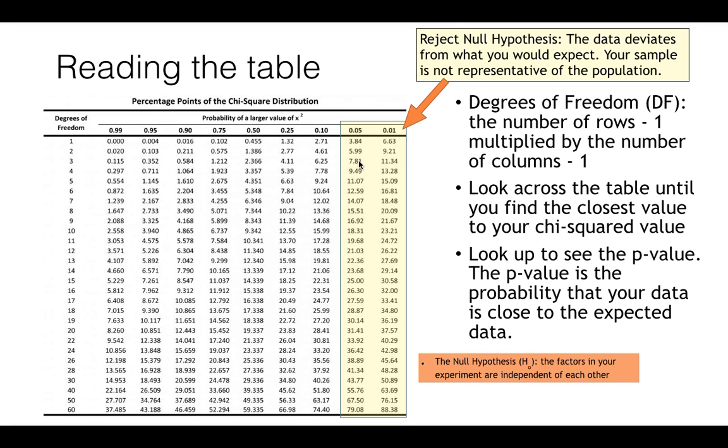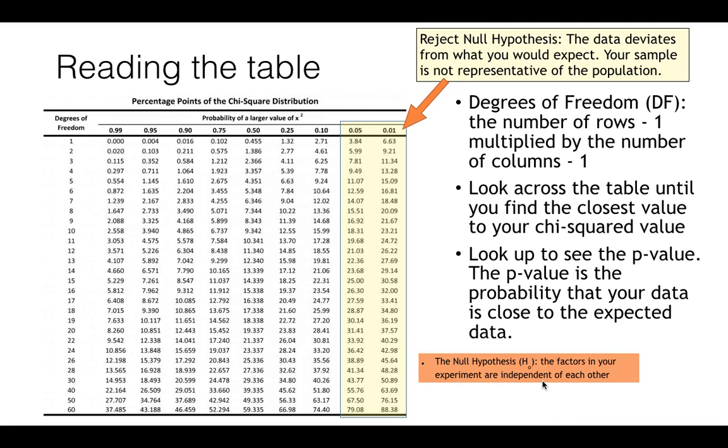So remember, if we land in this column here, it means that there is a 5% likelihood that the differences that I've seen between my observed values and the expected values are due to chance alone. So what that means is there is very likely a difference between the observed values and the expected values. It means that I have to reject my null hypothesis.